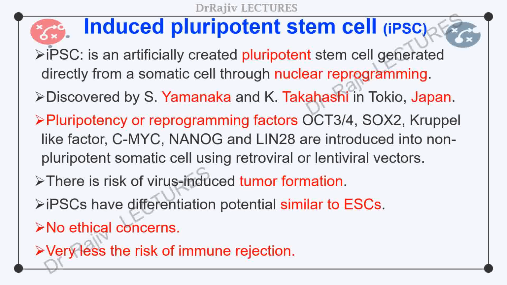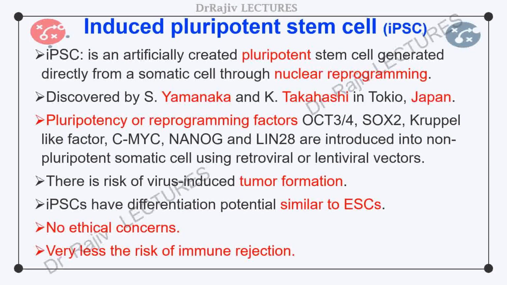The above technique of nuclear reprogramming, also called transdifferentiation, causes reprogramming of one somatic cell type directly into another. Because retroviruses integrate themselves into the recipient's nuclear genome, their use carries the risk of virus-induced tumor formation.